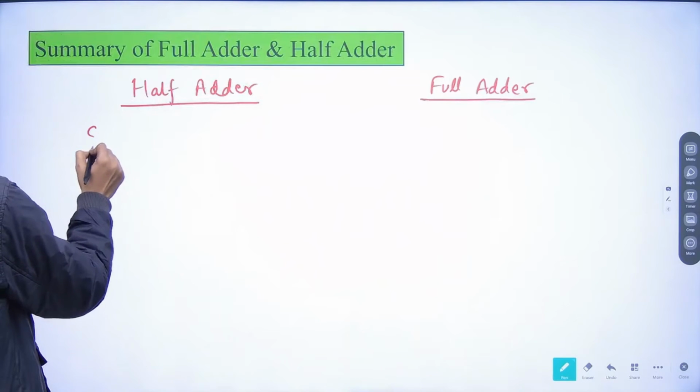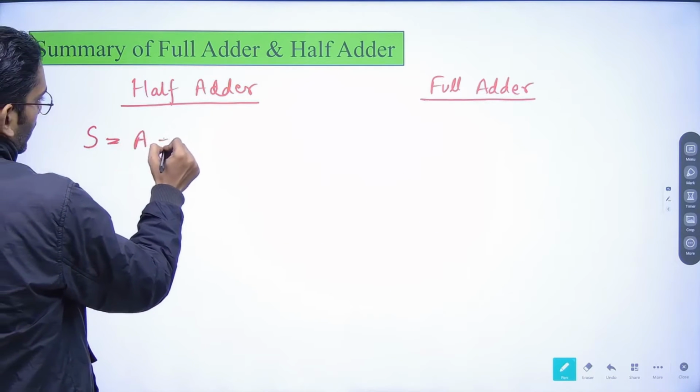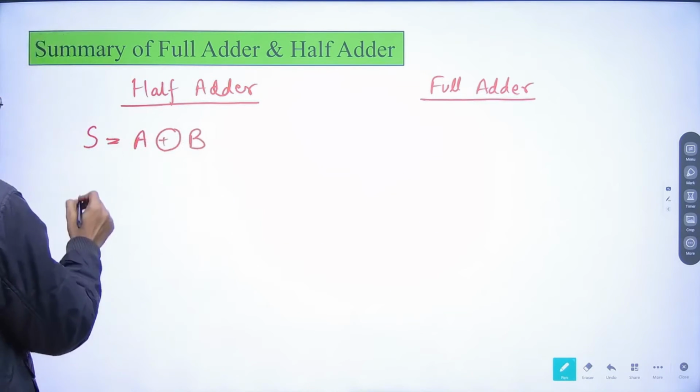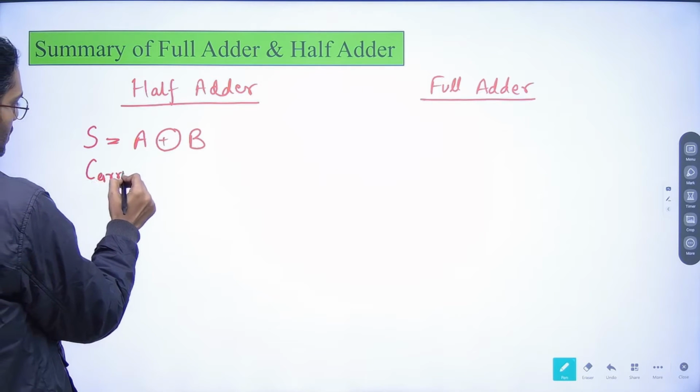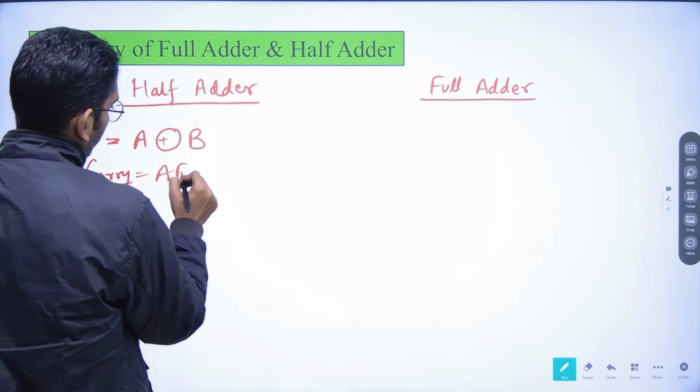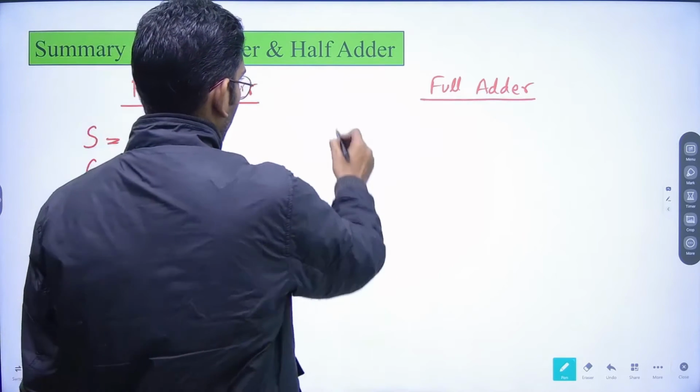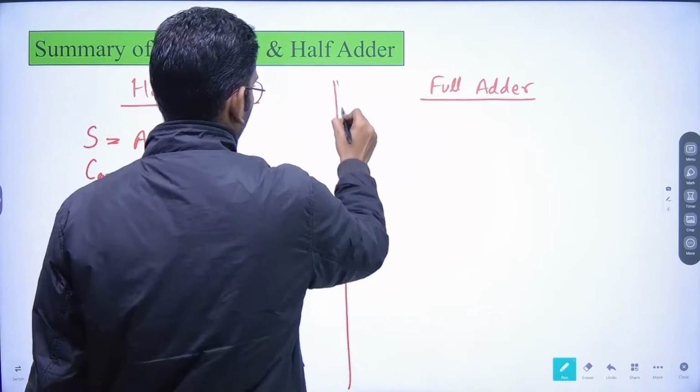In case of the half adder, sum is A XOR B, and carry is AB.